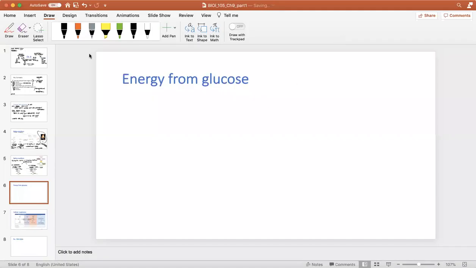So what I want us to start with here is I want us to look at an overview of the 4 steps to cellular respiration. Okay, this is an overview of our 4 steps. Okay, so the first step that I want you to know about is called glycolysis.